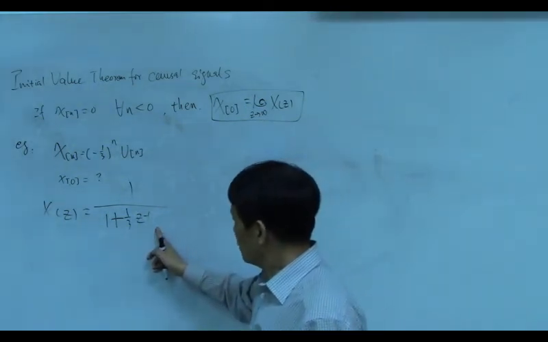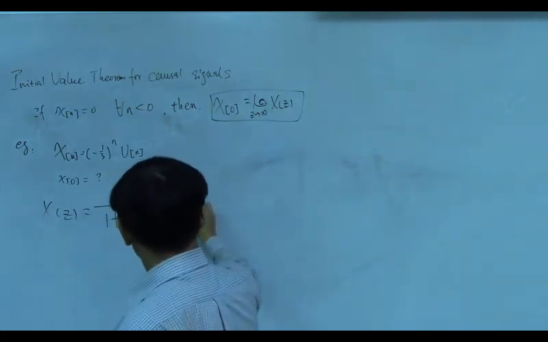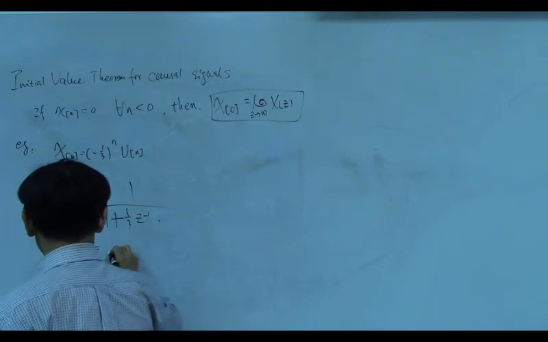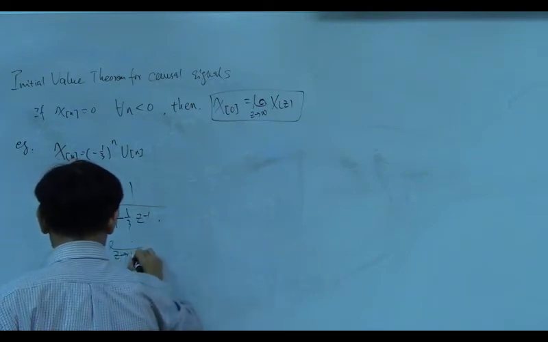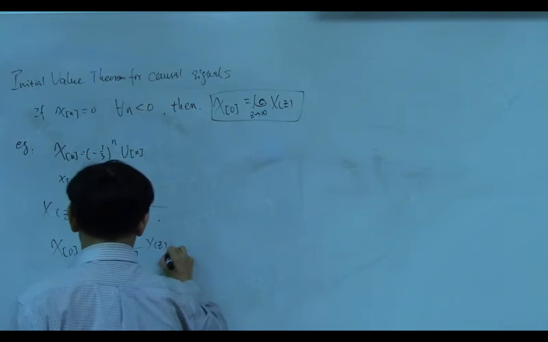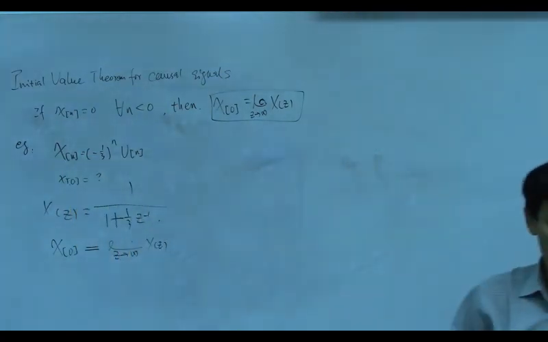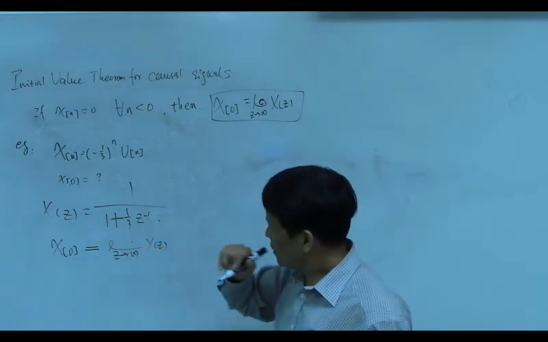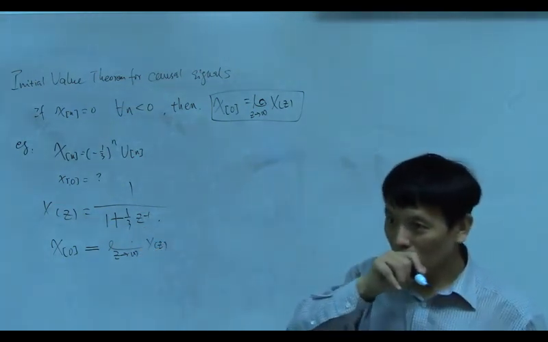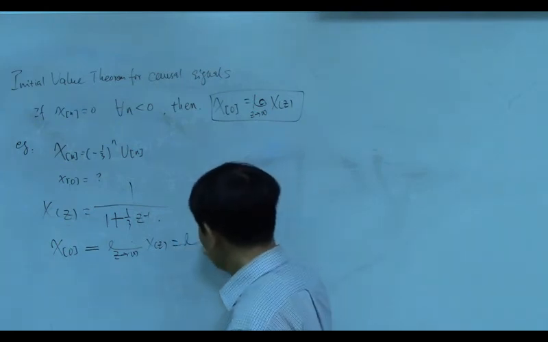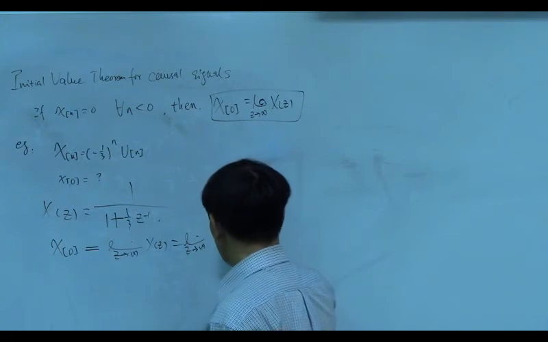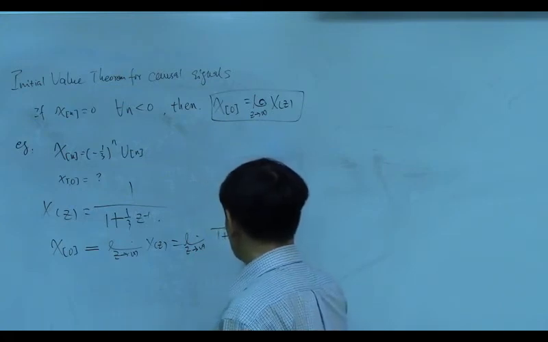So then, based on the theory, x0 should be equal to z goes to infinity and take the limit of X(z). What is this? Right, let me rewrite this. So this one, z goes to infinity, and 1 over 1 plus 1/3 z negative 1.